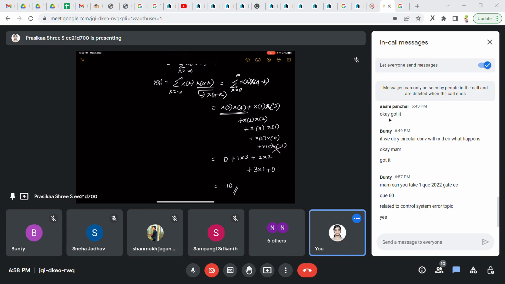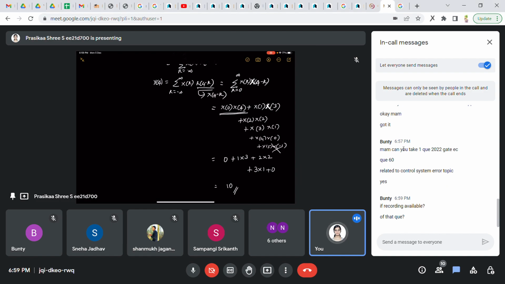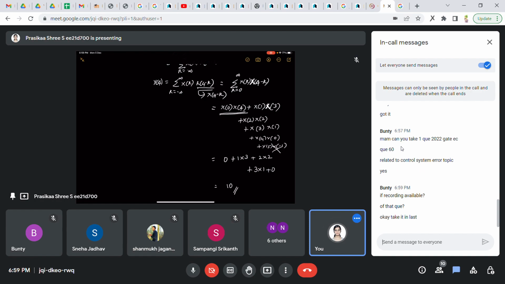The block diagram. Anyway, we are nearing the time. I'll cover this in the next class. Yes, recording, I don't know whether it is available. But I have covered this question in the phase 1 term itself. That's fine, I'll cover it in the initial 5 to 10 minutes of the next session.